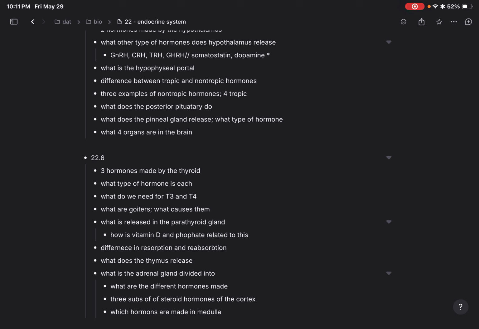Those are the 3 non-tropic ones. These are all peptide hormones as well, from the pituitary.